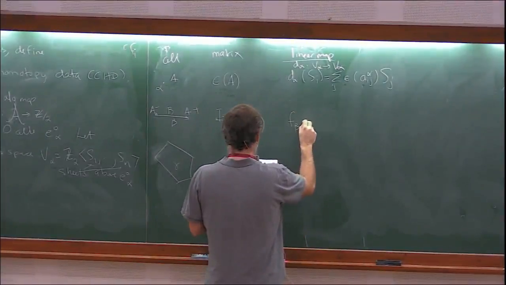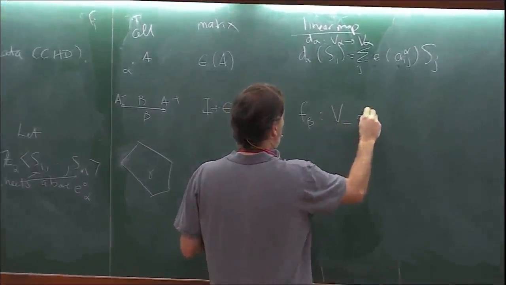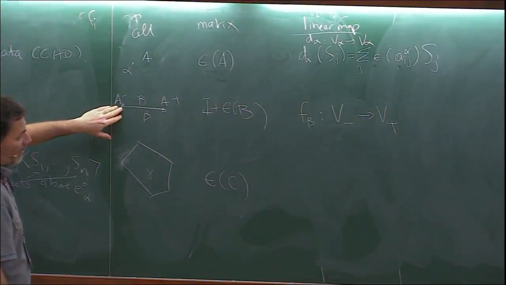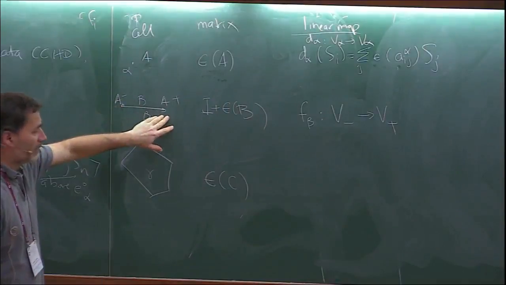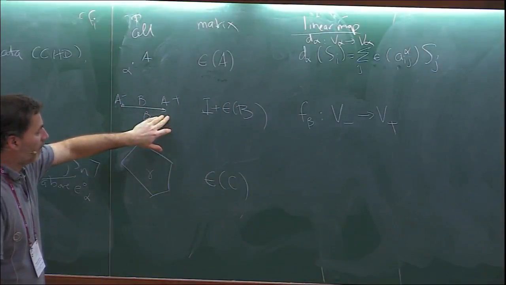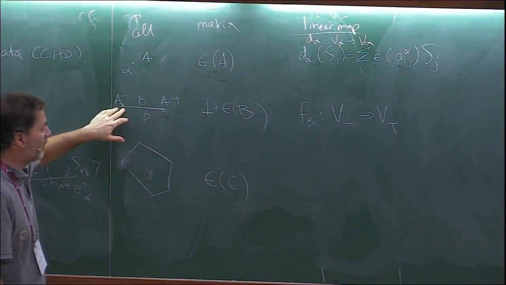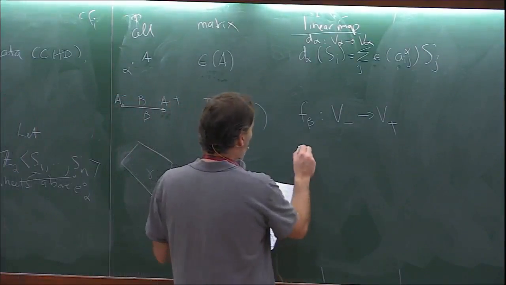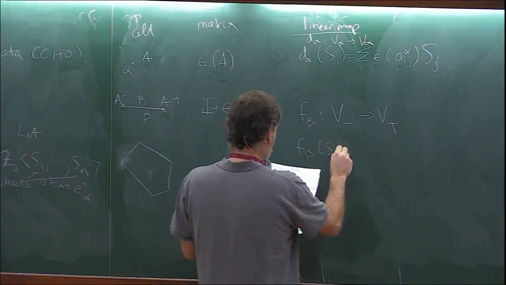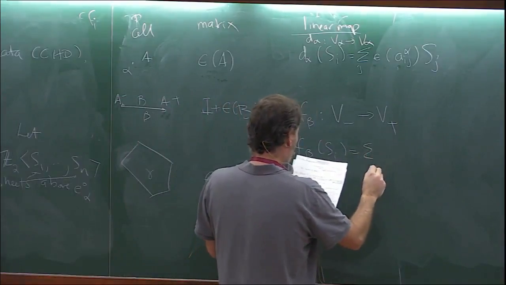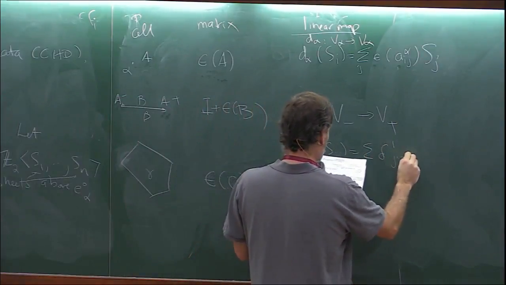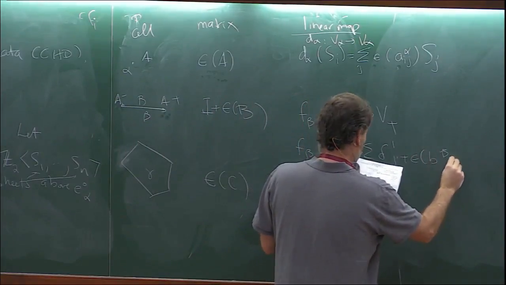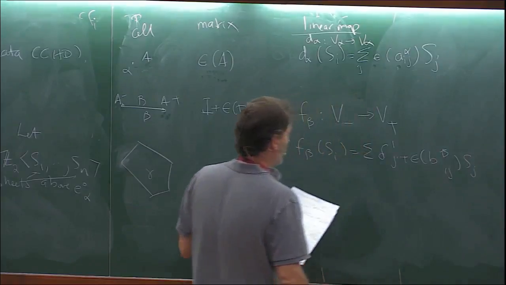Here we're going to define another linear map from V minus to V plus. So here I have a vector space defined over this 0 cell called V minus, and a vector space defined over this cell called V plus, generated by the sheets that sit above minus and plus. And we're going to define it by F beta of Si equals, well, first you have the Kronecker delta plus epsilon times that.